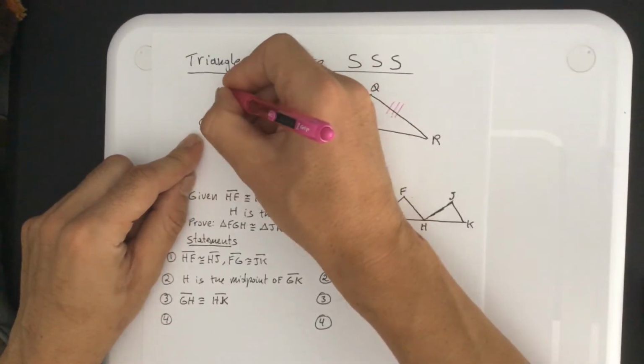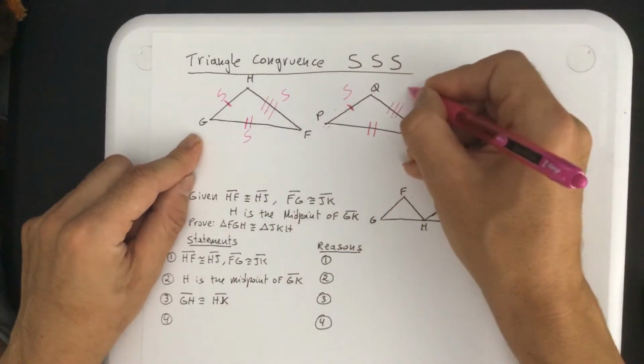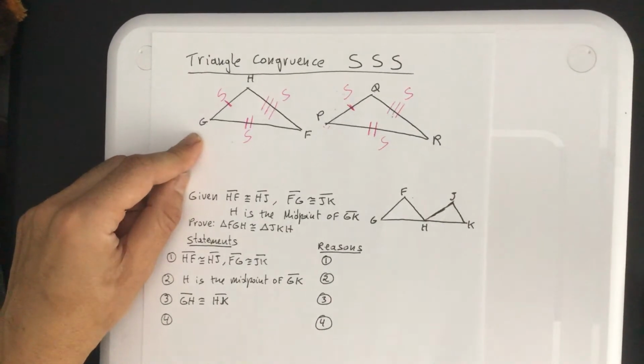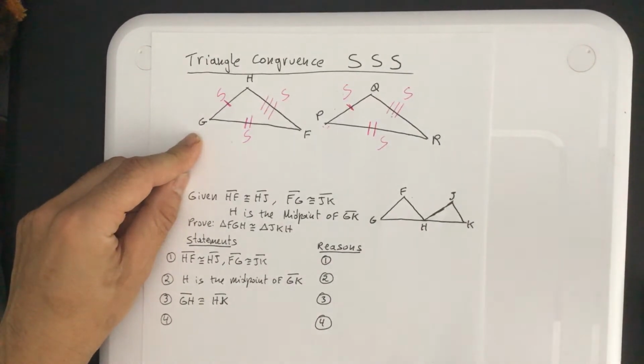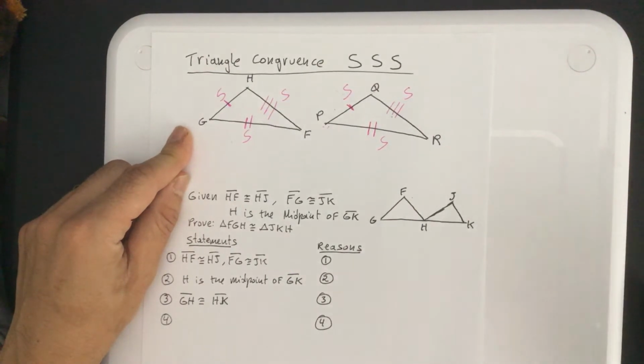Then what we got is side, side, side. These two triangles are going to be congruent to each other because of side, side, side. When you have two triangles and the corresponding sides are congruent to each other, they are going to be equal to each other.